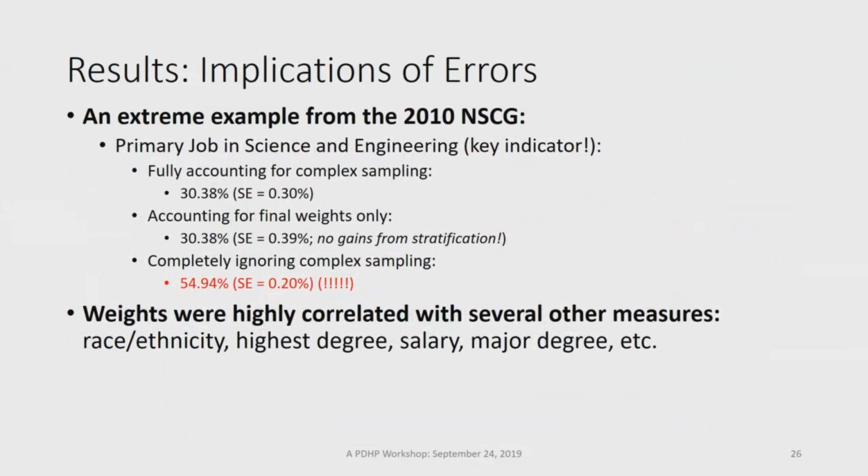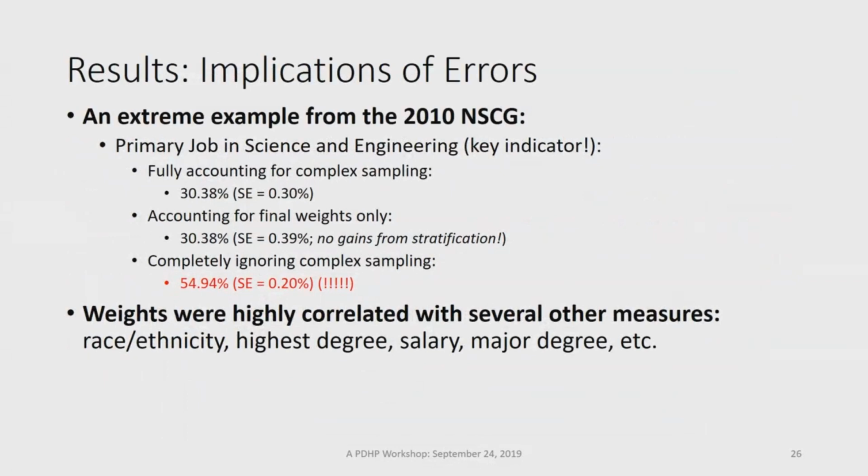Now, not every estimate is like this. This is where the weights were highly correlated with the survey variable, as said in the documentation. They said they oversampled people with a job in science and engineering. So clearly, the weights account for that oversampling. But if you ignore those weights in computing descriptive estimates, which is happening half of the time, this is what could potentially happen.